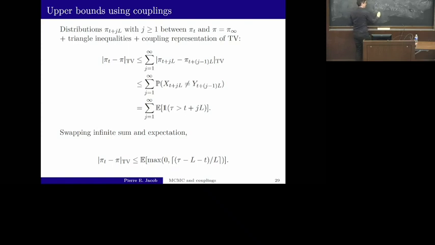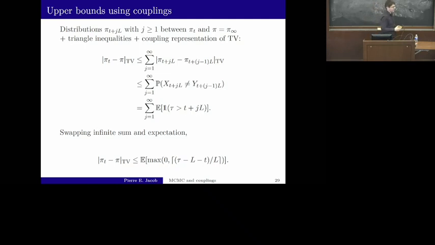So you generate xt, yt together from the coupled kernel, given the previous states. Sorry, it's yt minus L, because I'm propagating them with a lag. So I generate at a certain point xt and yt minus L.